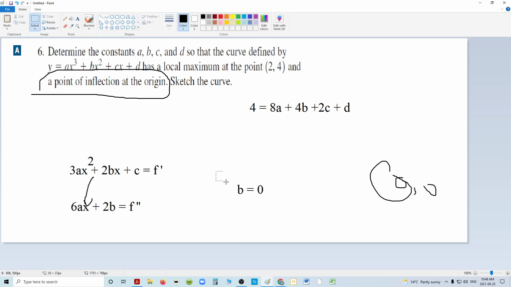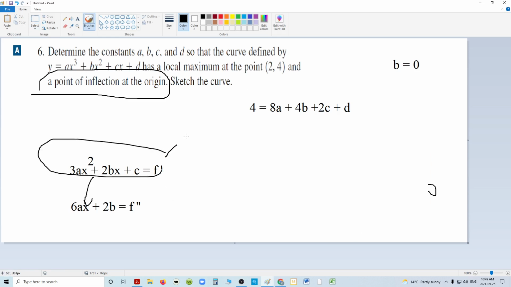And that helps, right? So if we put it up here, and they want us to sketch the curve after, we know that this middle term is going to disappear. Okay, we also know that at the (2, 4), this equation is going to be 0.